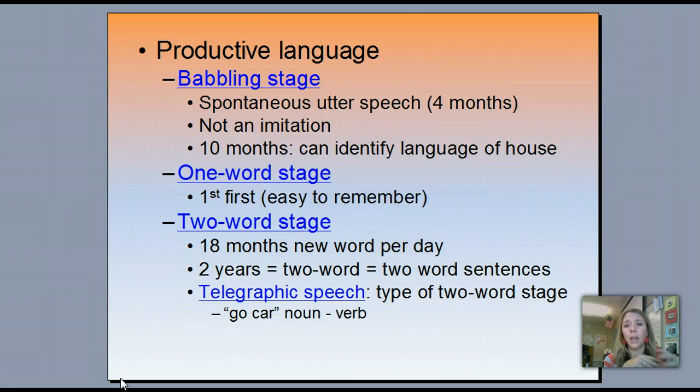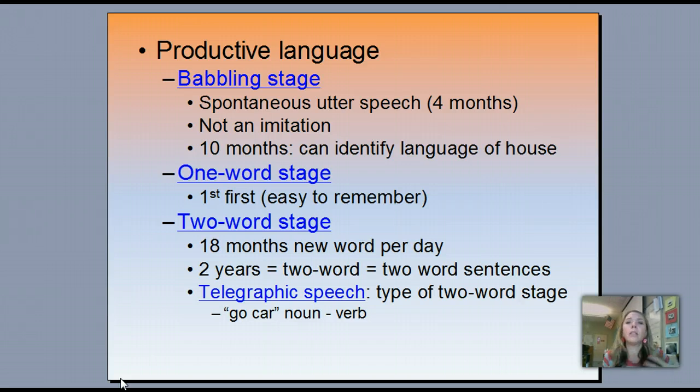As young as 4 months, children start making sounds like ga, goo, the typical sounds we associate with children. They're not imitating anything, so even without language being spoken around them, babies still go through this babbling stage. At 10 months old, people who come into the house and listen to babies, because of the different sounds being made, can identify the language of the house even without hearing words.